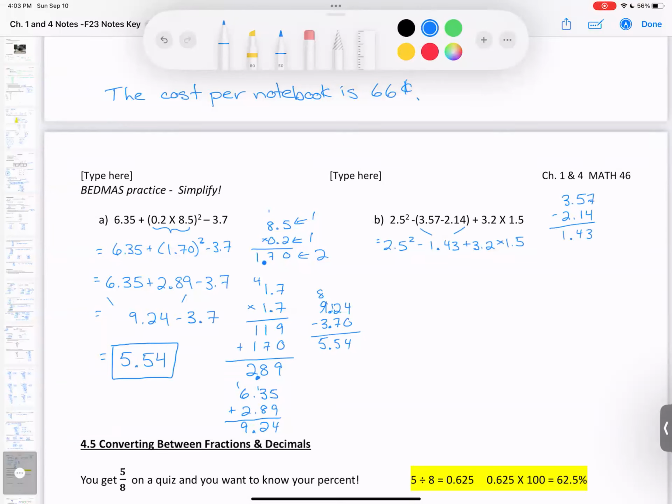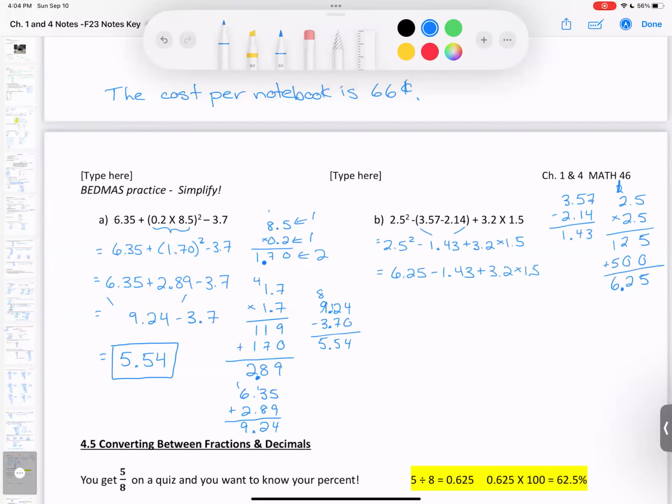Okay, next step is to deal with that exponent. So 2.5 squared means 2.5 multiplied by itself. So let's do that multiplication. And so I get 6 and 25 hundredths. Okay, what next?